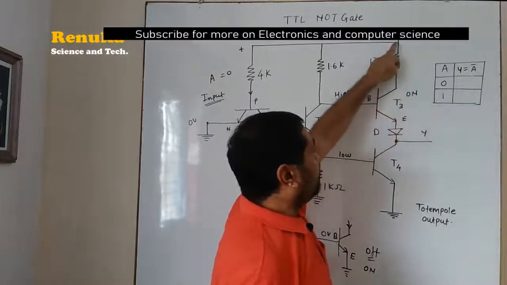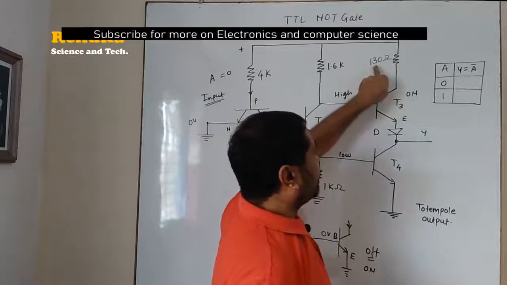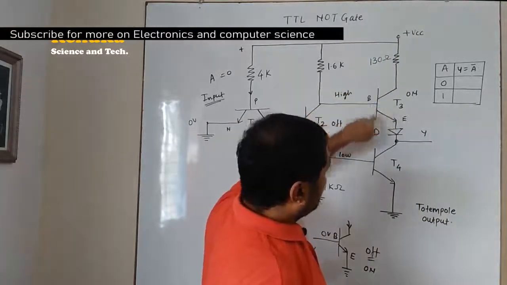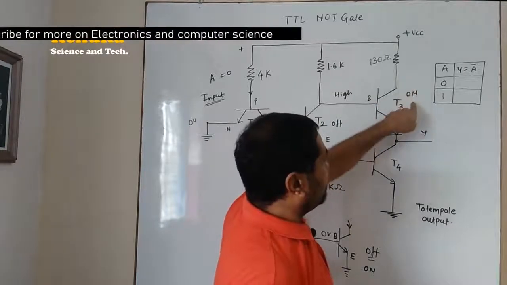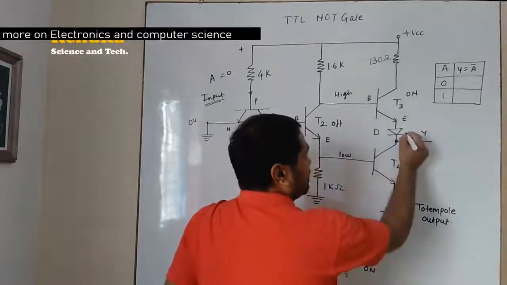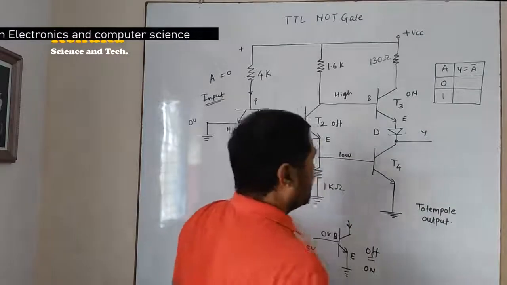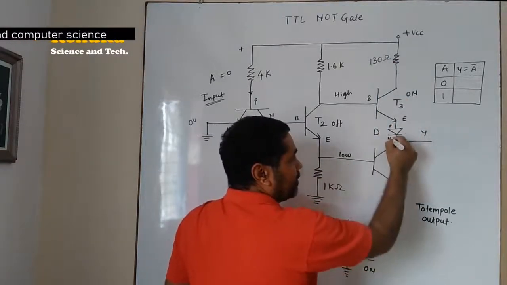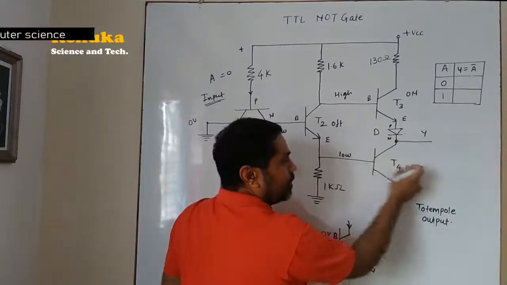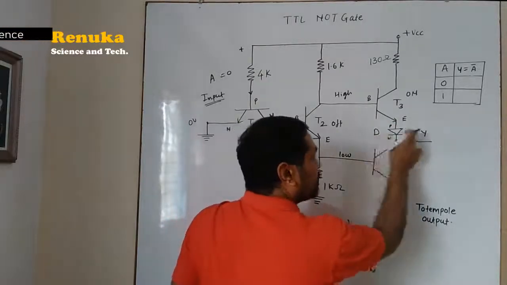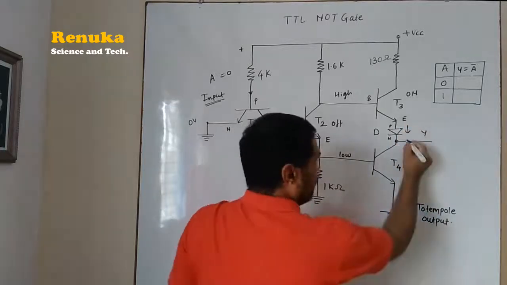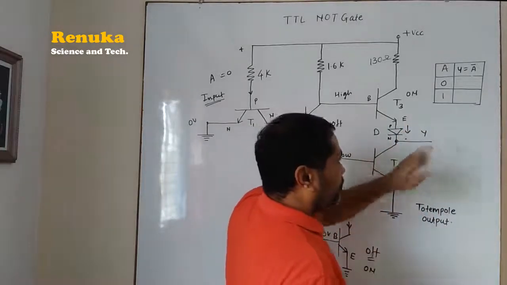So all the current from plus VCC through the 130 ohm resistor will sink towards the diode, because the transistor is on. Here positive is connected to the P type of this diode, and the N type is connected to ground through transistor T4, so this is also forward biased. So current can pass through the diode also. Now the current is reaching output Y.